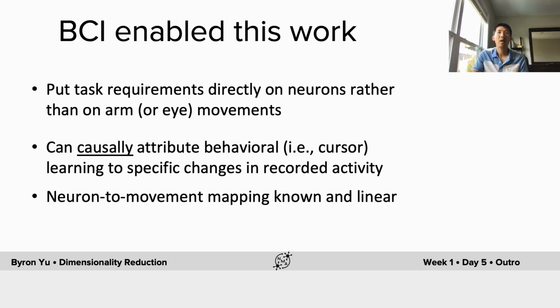And furthermore, because we define this neuron to movement mapping, so we know it exactly and we define it to be linear, it allowed us to define these 3 hypotheses in the second part concretely and test them.